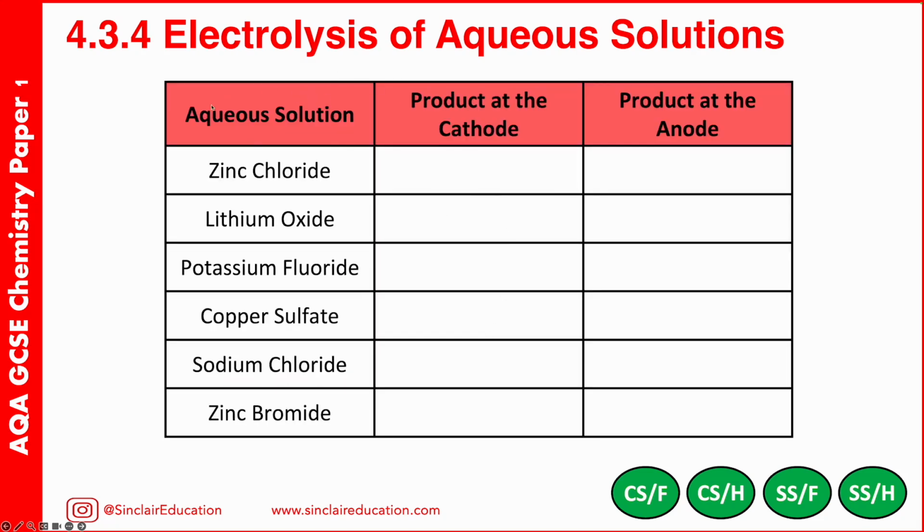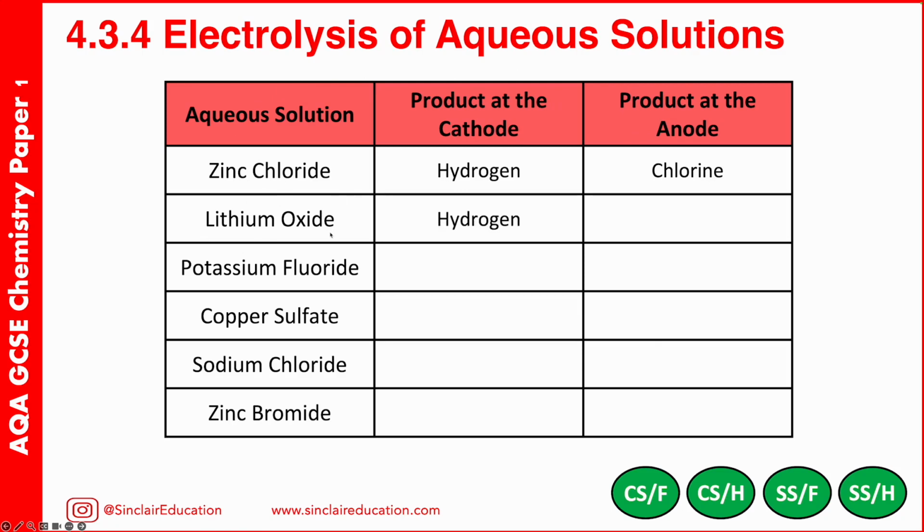So we now have aqueous solutions, and we need to ask ourselves as we're going through, is it more reactive than hydrogen, and is it a halide? So zinc is more reactive than hydrogen, so we'll make hydrogen. This is a halide, so we'll still make chlorine gas. In the next one, lithium, yes, that's more reactive than hydrogen, so we'll make hydrogen.